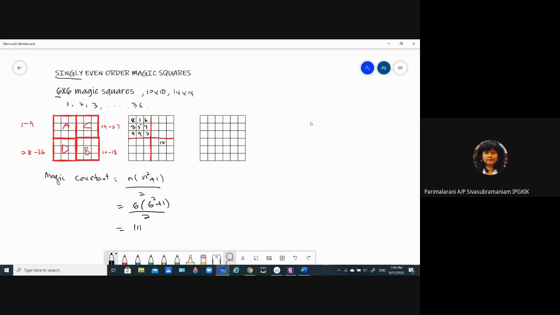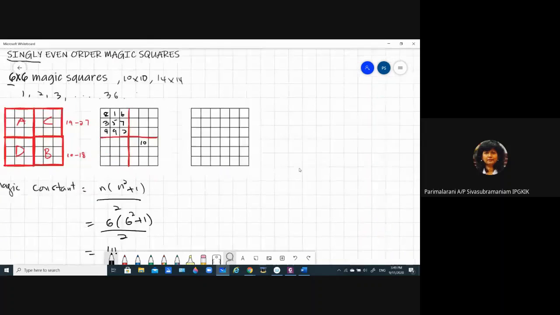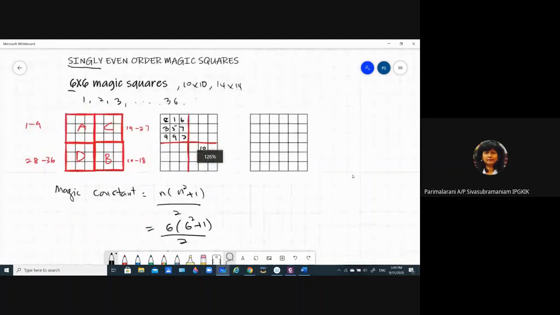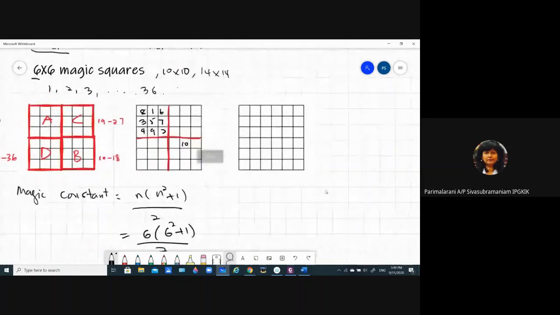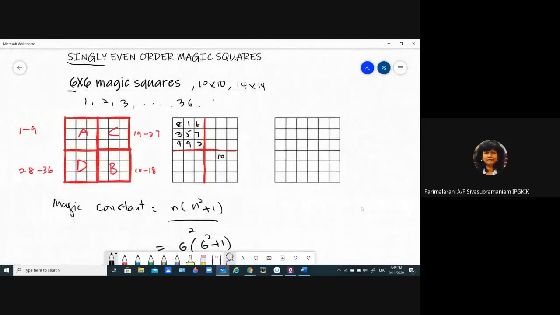This is 10, this will be 11. 12 cannot go down. 13, 14, 15, 16, 17, 18. Correct?